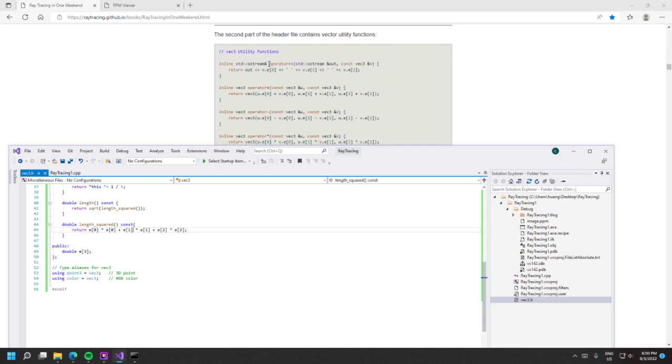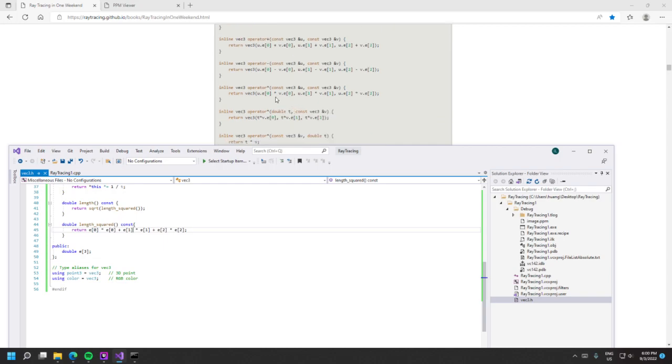Standard ostream, standard. Okay, sadly I don't know a lot of this. I know this is doing plus and this is doing minus. This is just a multiply, like a regular multiply.